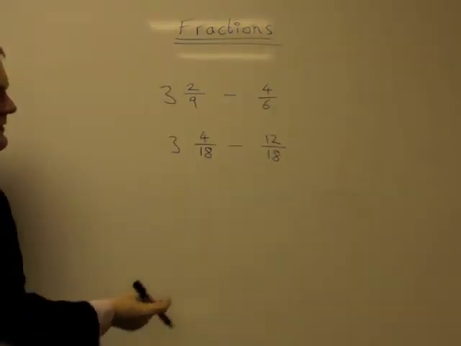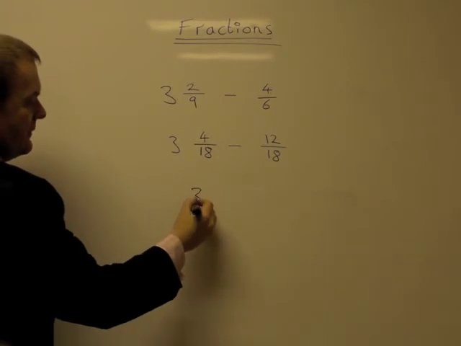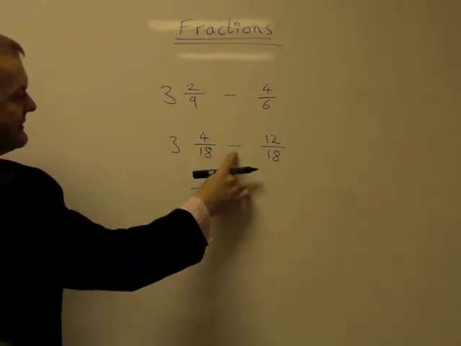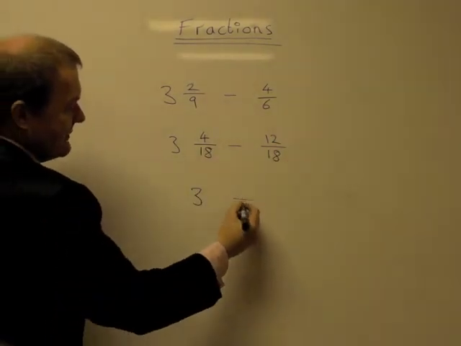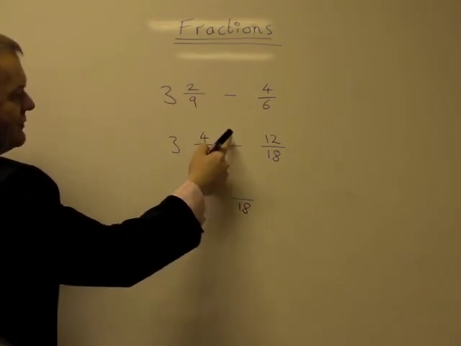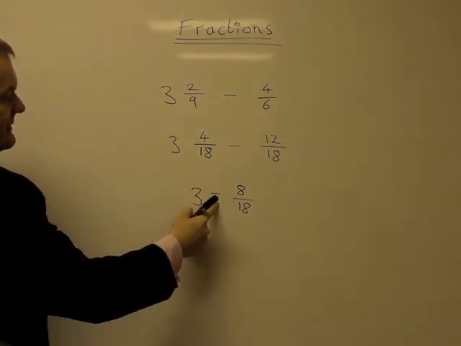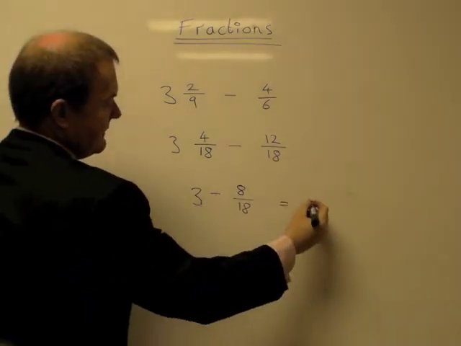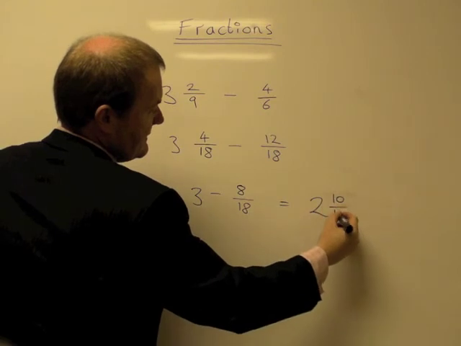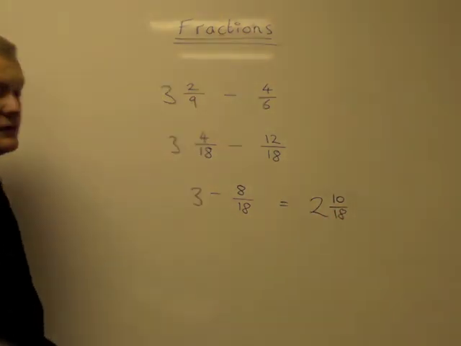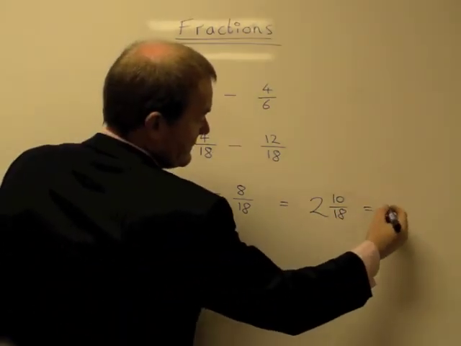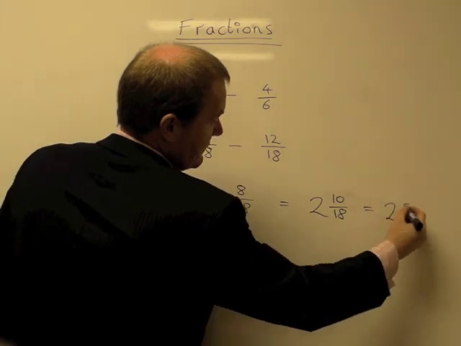So now I'm in the same denominator, I can now do my sum. 3, 4/18 take away 12/18. I'm working in 18ths. 4 take away 12, negative 8. So 3 take 8/18, 2 and 10/18. And you should spot that that now simplifies to 2 5/9.